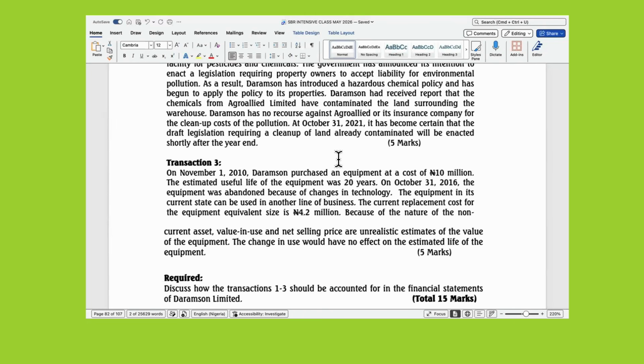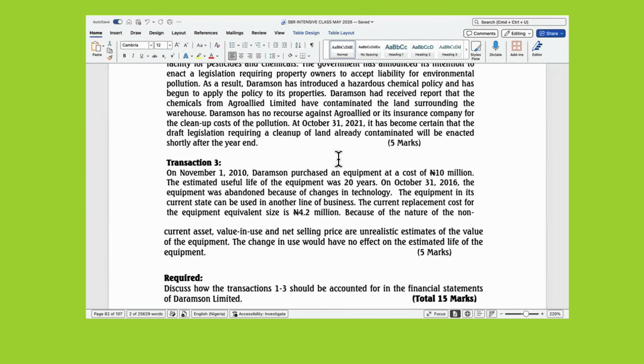What about if there's no alternative use to it? If they tell you that there is no alternative use to it, just impair the asset fully. That's where impairment comes in. That means the recoverable amount of this asset is 0, because the value in use is 0.